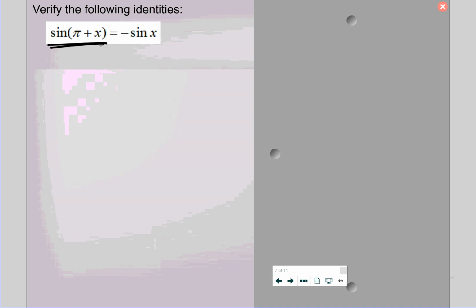So think of this like our U and V identity here. Okay, I'm going to play with that side a little bit. I'm going to expand it. So everywhere I see a U, I'm going to put a pi in the identity. And everywhere I see a V, I'm going to put an X in the identity.